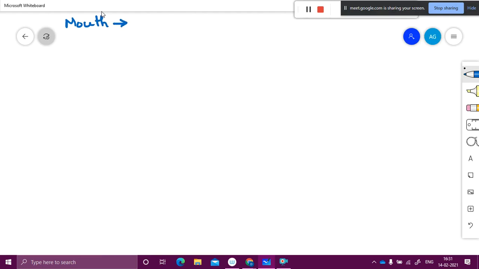This mouth consists of a large protrusible tongue, which can come out to catch insects. Imagine the tongue of a frog catching an insect.